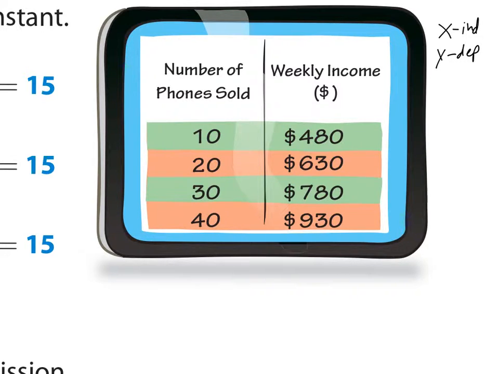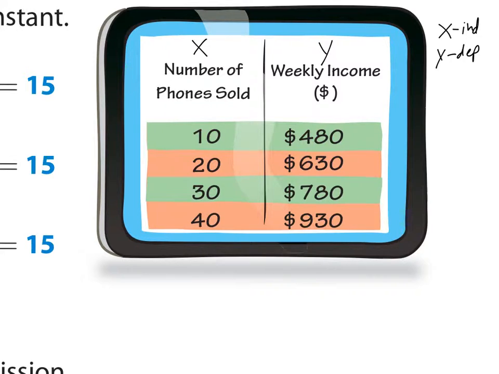Okay? When I say Y is dependent, I mean to get your Y, it depends on what your X is. So if we're looking at this example, weekly income is going to be our Y, because the money that you're paid depends on how many phones you sell, right? So your income depends on the phones sold. So your dependent variable is Y, that's your money. Your X is your independent variable, that would be the phones.